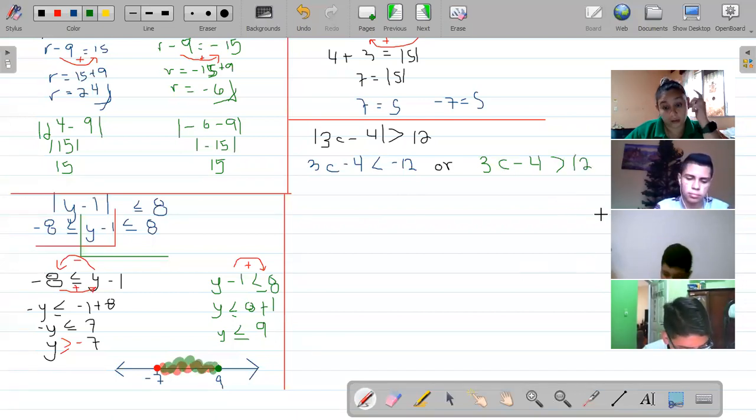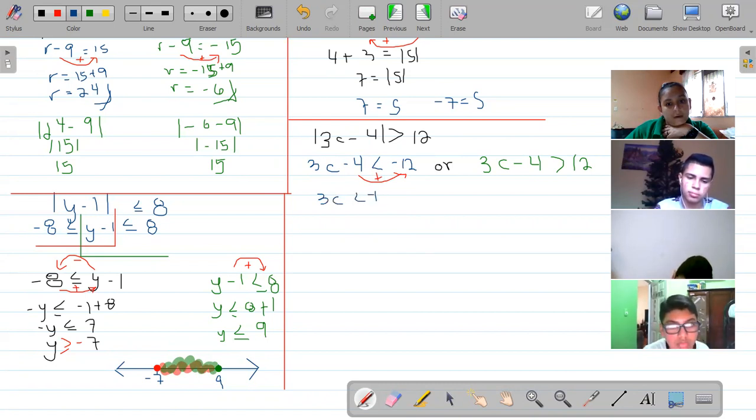They're open. Okay, remember these are open, and we're gonna follow the rules. Variables on the left, check. Constants on the right, no. So this constant should go to the other side, added. So we have 3c is less than -12 plus 4.